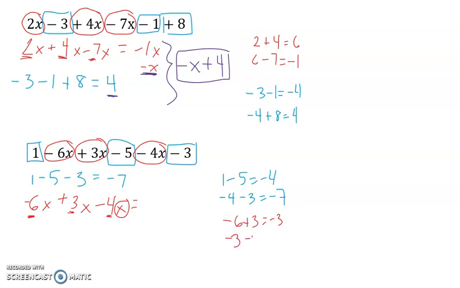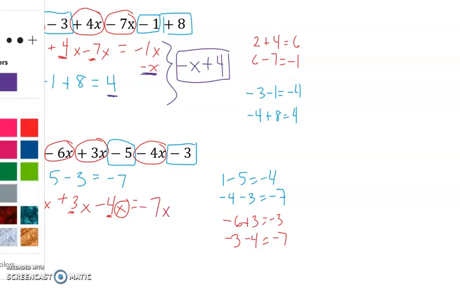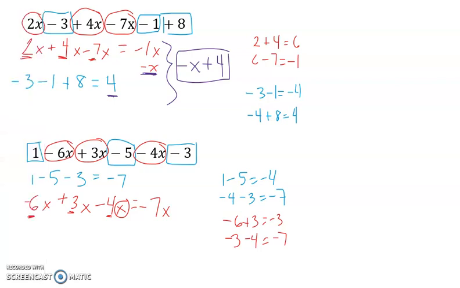And then negative 3 minus 4 equals negative 7. So I have negative 7, keep the x, negative 7x. I have my parts simplified. So now I write it together in my simplified expression. I'm going to have negative 7 minus 7x. That is my simplified expression, and that is how you combine like terms.